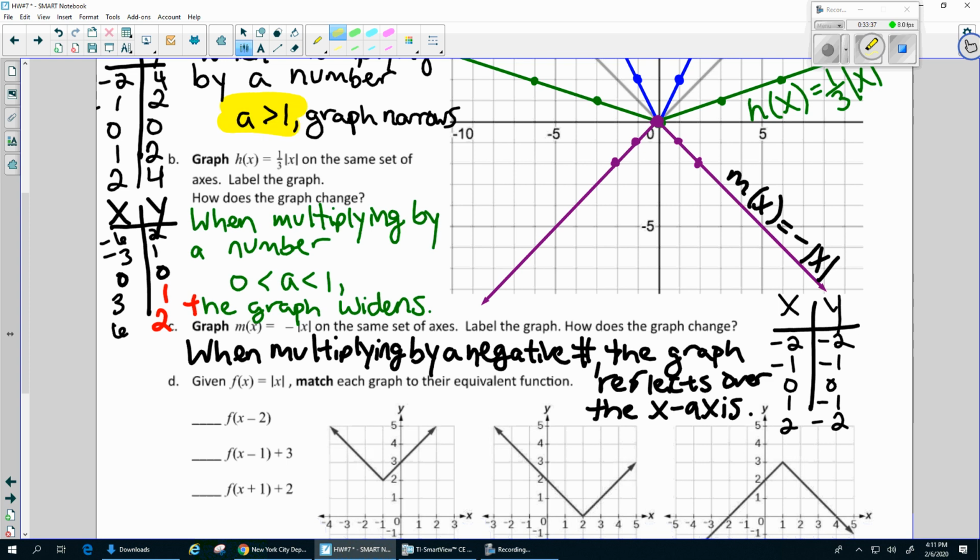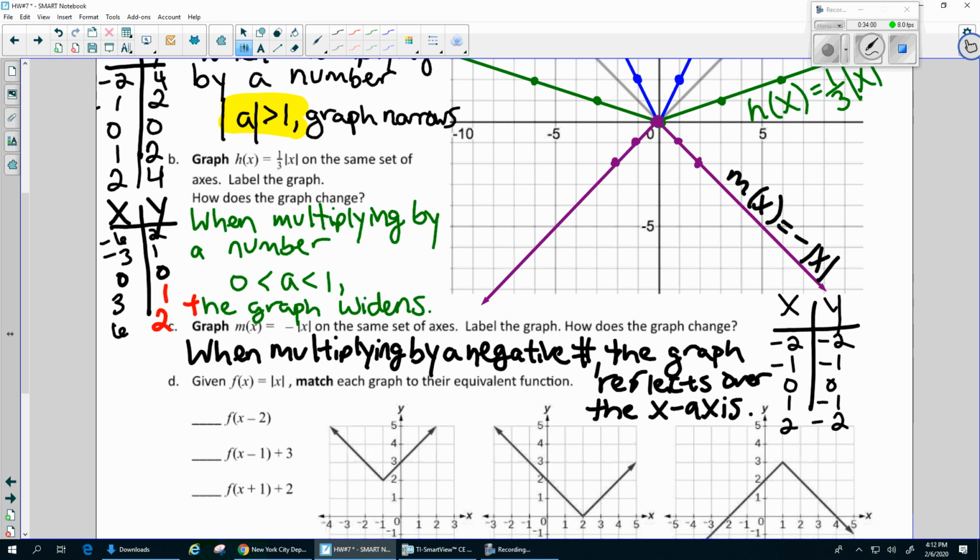That number can be both negative or positive: as long as it's greater than 1 or less than -1, my graph will narrow. So we can represent this situation by putting our A in absolute value bars.